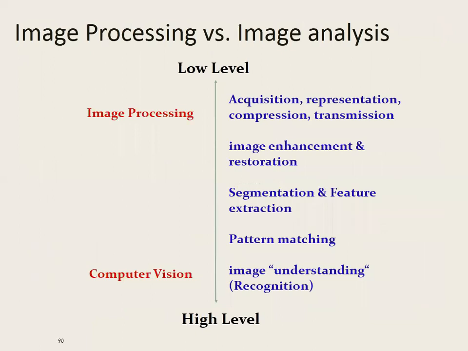So there are three levels in image processing. The lower level is the most critical one. We have to make sure that the images are of good quality, ready for image analysis and image understanding. We already discussed the acquisition, the digitization, and the compression part.